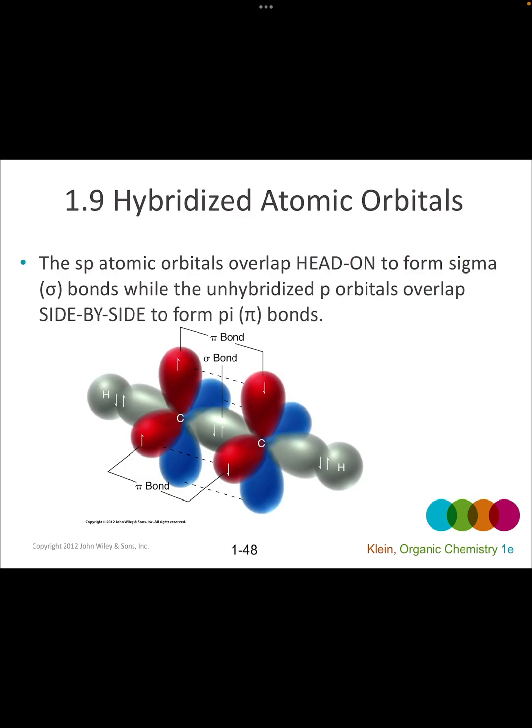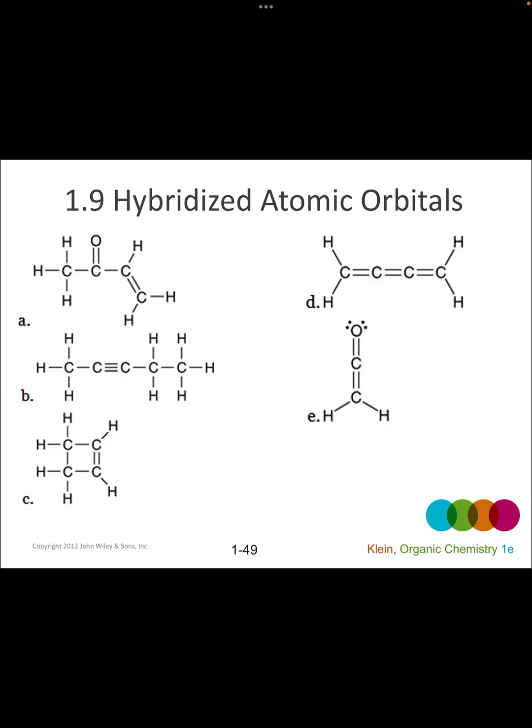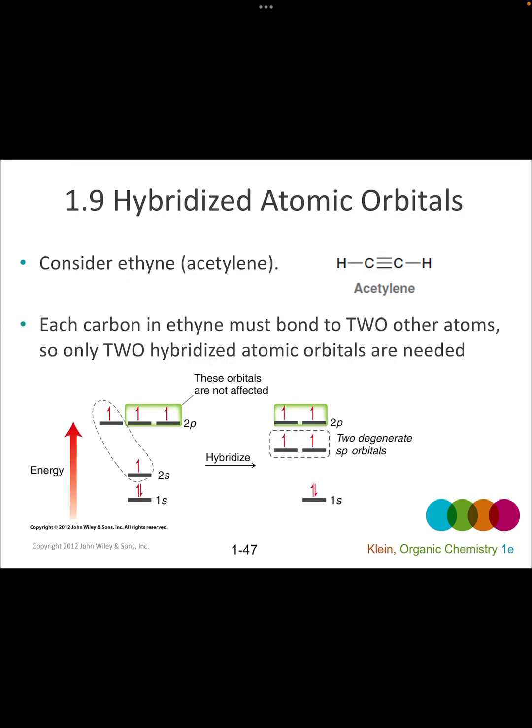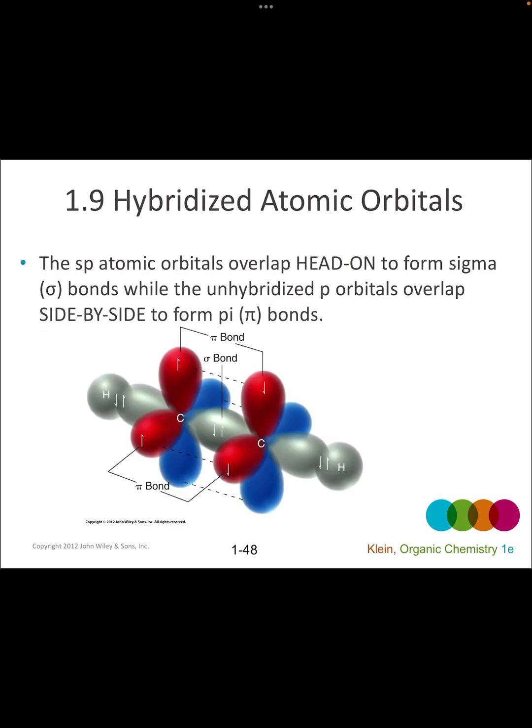And so in acetylene, or ethyne, you've got two p orbitals that are perpendicular to each other that are intact, and each of those can have side-to-side overlap, or pi bonds, and so therefore acetylene is said to have a triple bond, but one of those bonds is a sigma bond, and the other two bonds are pi bonds. Hopefully that makes sense.